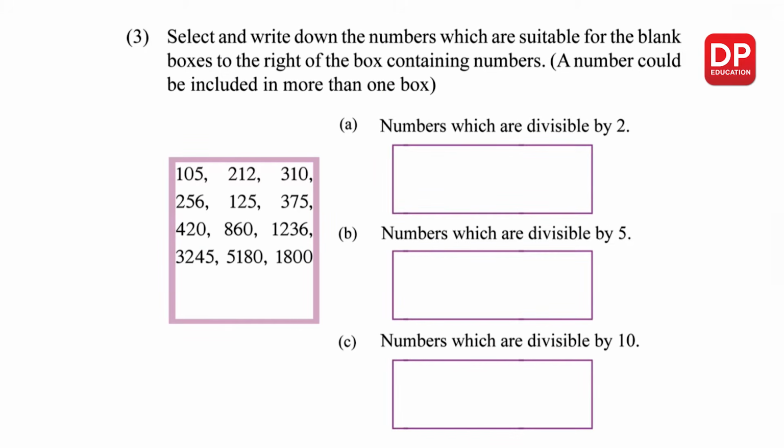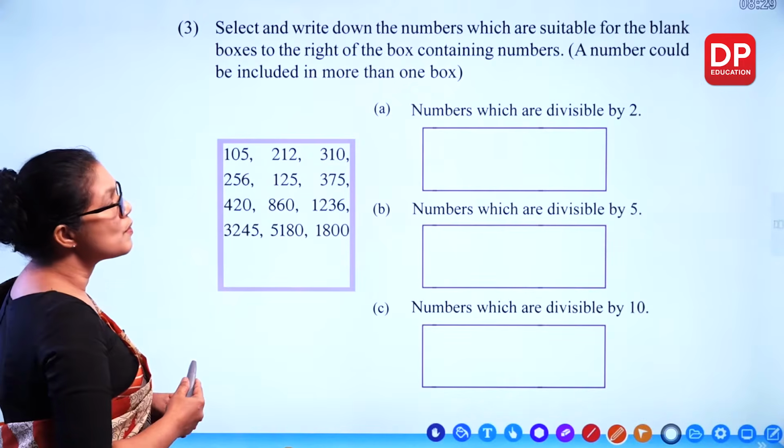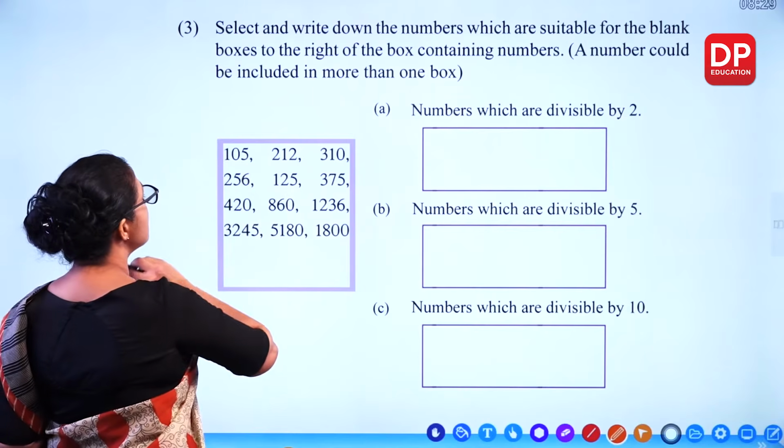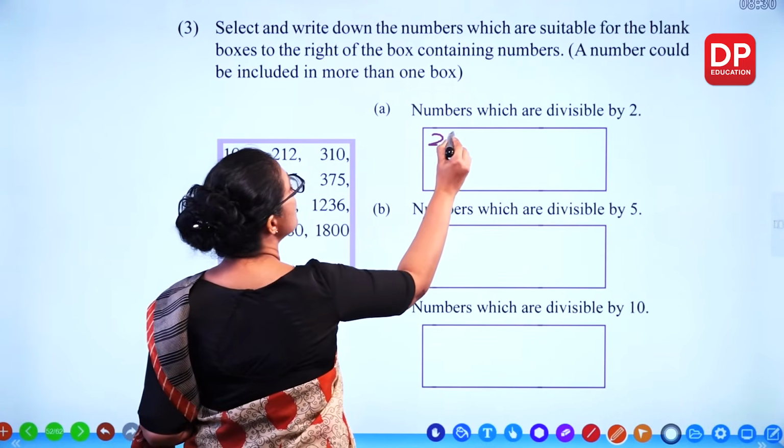Question number 3. Select and write down the numbers which are suitable for the blank boxes to the right of the box containing numbers. A number could be included in more than one box. Numbers which are divisible by 2. So select even numbers. The last digit is even, 212.